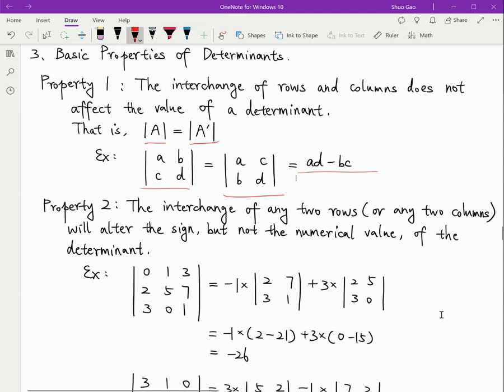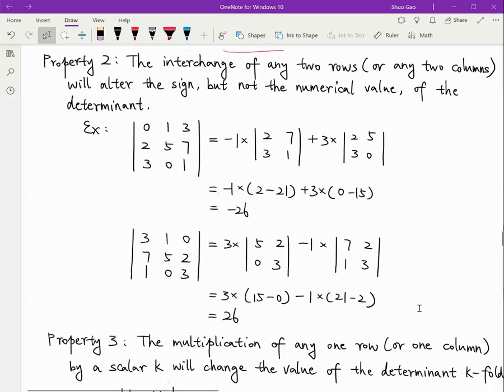And property 2: the interchange of any two rows or any two columns will alter the sign but not the numerical value of the determinant. So for example, this is matrix 1 and this is matrix 2. We can calculate the determinant of this matrix by expanding from the first row, right?